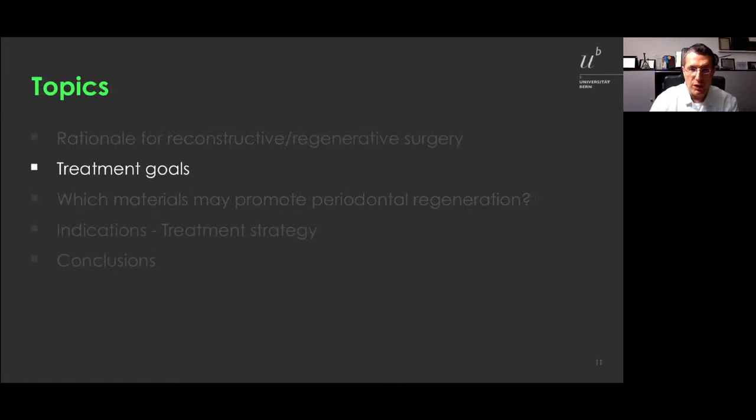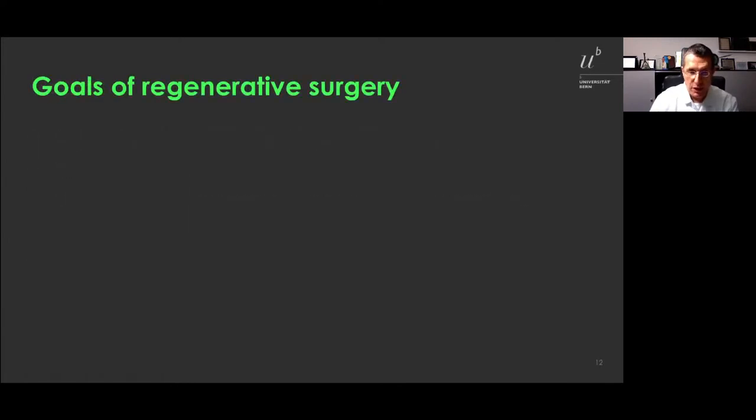So if I look at my goals from a clinical point of view, keep in mind, first of all, a shallow site, probing depth of about 5 millimeters maximum. Of course, I would like to always have 3 millimeters, but it is not always the clinical reality. No bleeding, this is very important.